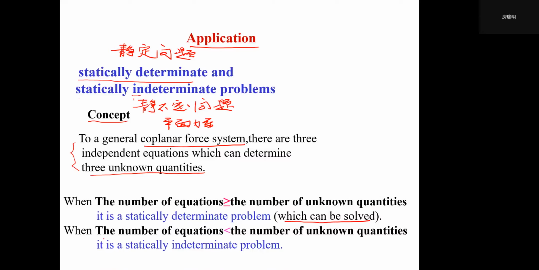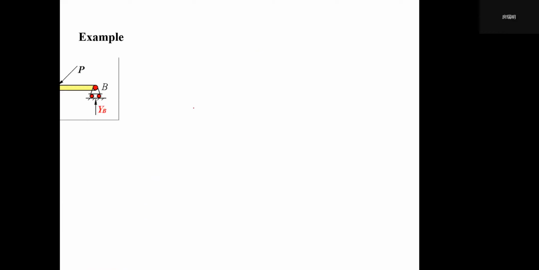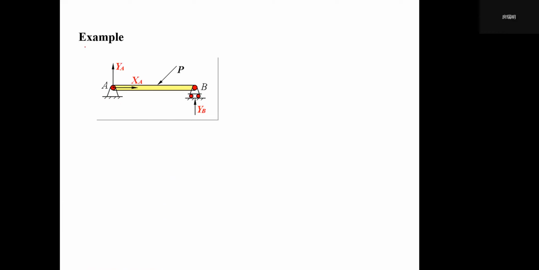The second, when the number of equations is less than the number of unknown quantities, we call it a statically indeterminate problem. So I will give you guys a simple example. You see, these three equations can help us to find the three unknown quantities, right? Let's see a very simple example.